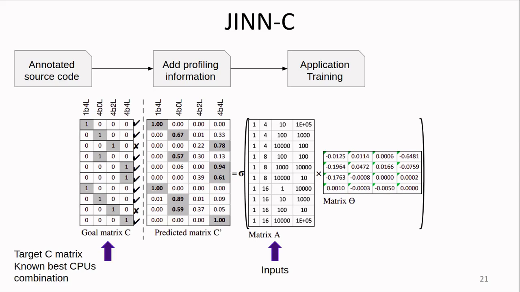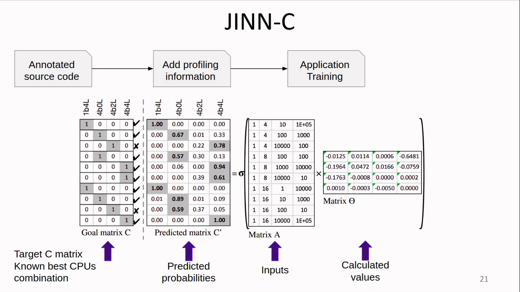So it's something that we observe, something that we collect at training time. And here on the right side, we have this matrix theta. Then when we are building our predictor, our goal is to find the matrix theta that maximizes the quality of the correct predictions that we can make on the training set.